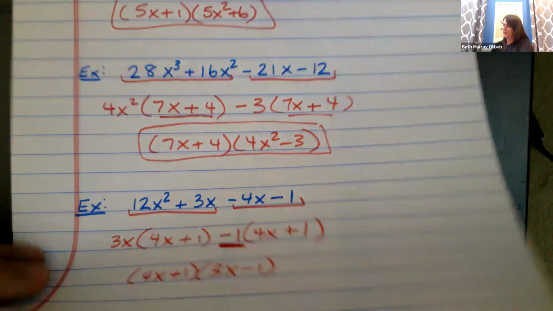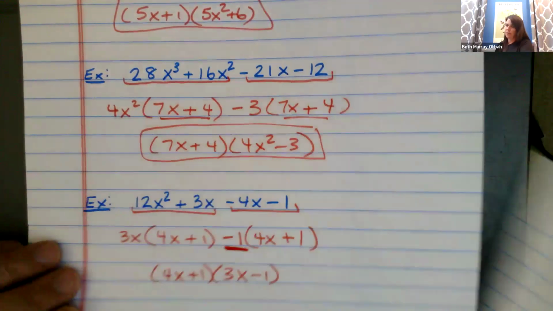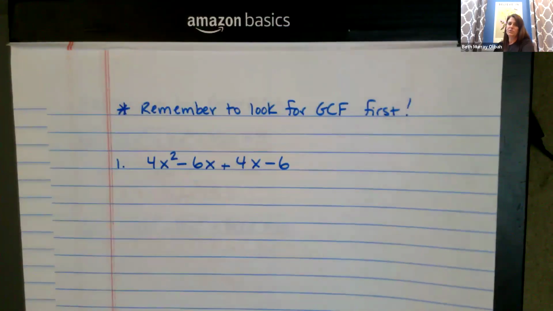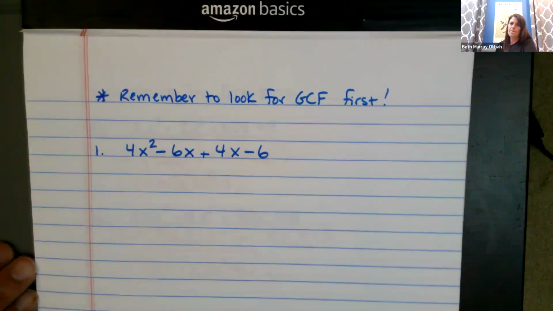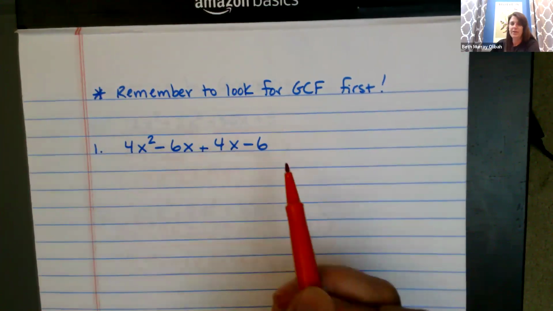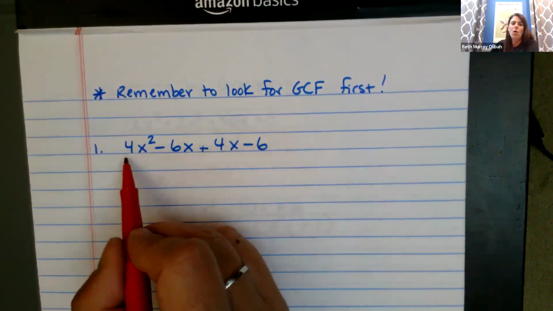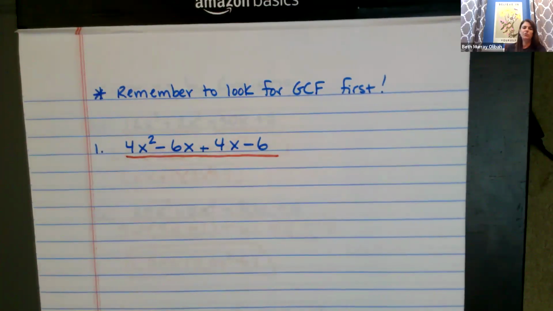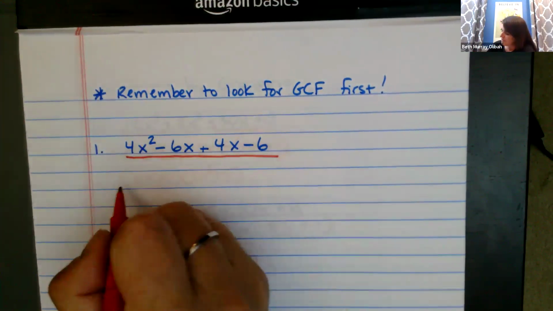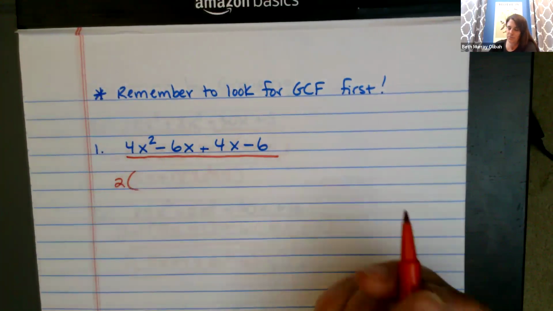That is basically it, but be careful because just like always, you need to make sure you still look for the GCF first. So don't miss, just because it's set up like grouping, that all four of these actually do have a common factor. So before I do anything, I'm going to take that out of all four terms. Do you see that all four of these could be divided by 2?